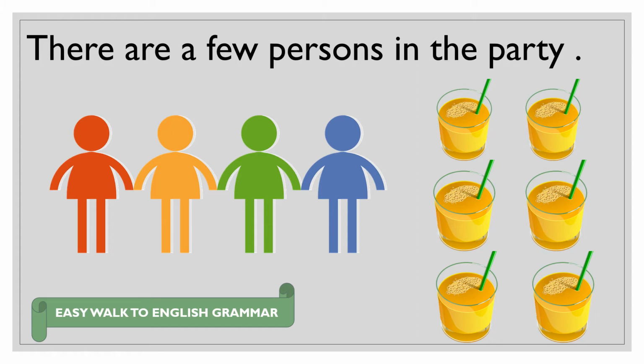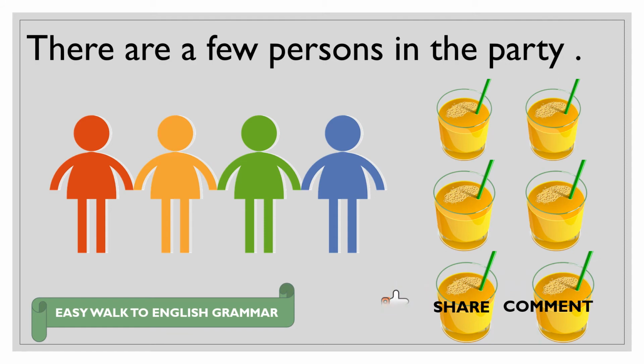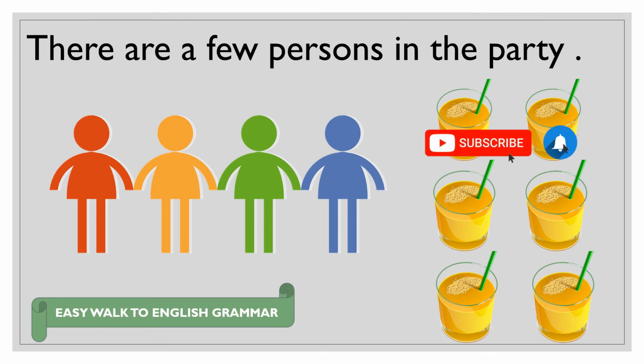I hope you noticed the difference between the first sentence and the sentence that we use now. Earlier we used "there are few persons in the party" without a. Here we use "there are a few persons in the party."